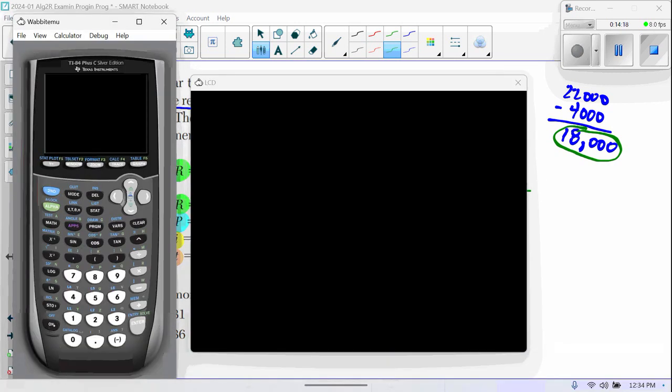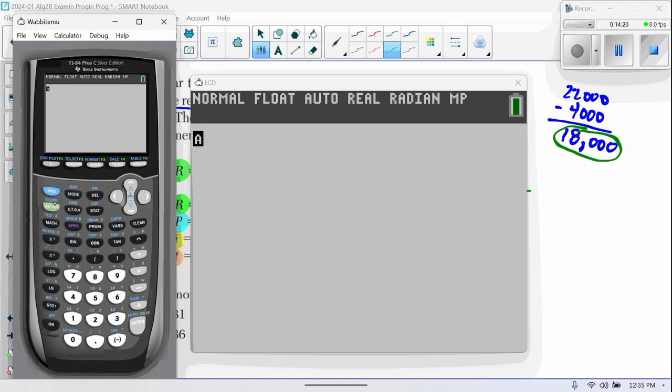So let's go ahead. I'm going to create a fraction. And in the top, I'm going to put my 18,000 times another fraction. And this fraction here is 0.0624 over 12. That was my I value. Over. All right? 1 minus, parenthesis, 1 plus the interest rate again.